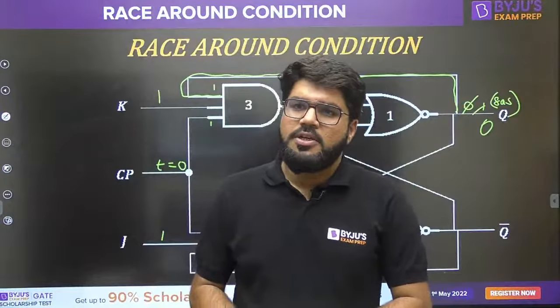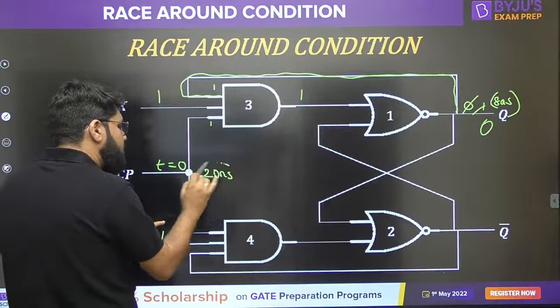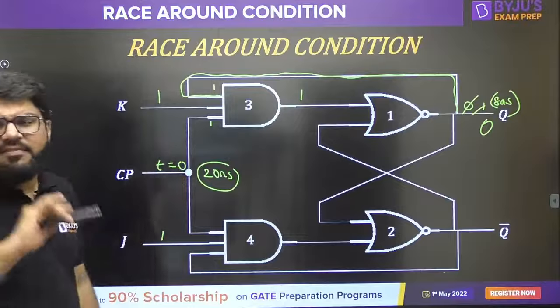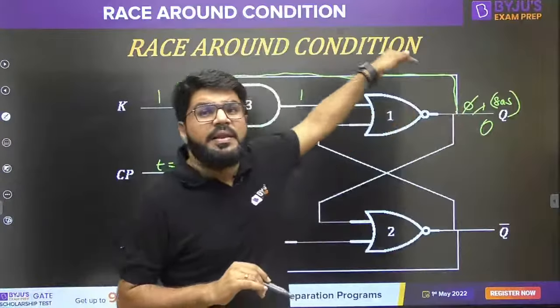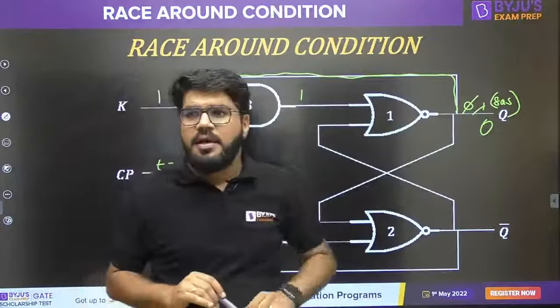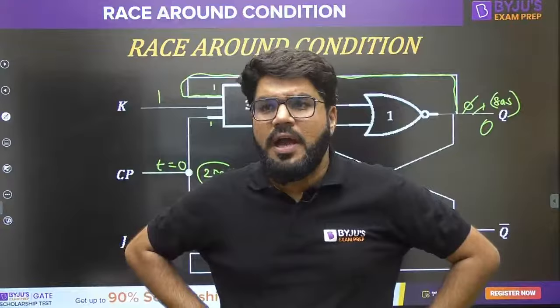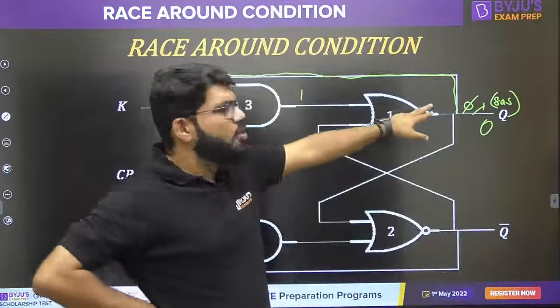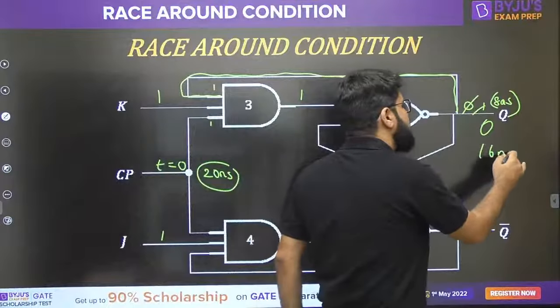So this clock pulse is active up to 20 nanoseconds. The clock pulse is at level 1 for 20 nanoseconds, but after only 8 nanoseconds the feedback variable runs and comes here and toggles. What is the time required for another toggle? 16 nanoseconds.